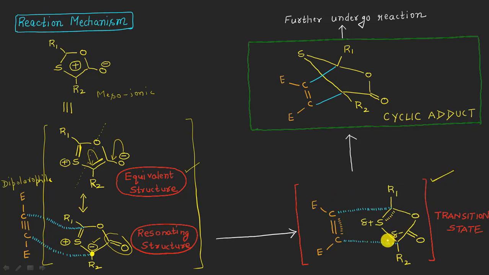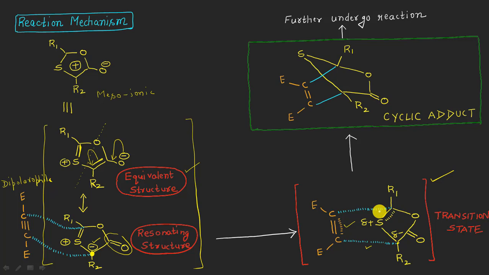So here you can see that the mechanism is actually a concerted mechanism. As soon as a new bond between this negative end of the dipole and this carbon of the symmetrical alkyne begins to form, this pi bond out of this triple bond will break, and simultaneously this new bond will also begin to form, finally resulting in the breaking of this bond between carbon and sulfur, right?